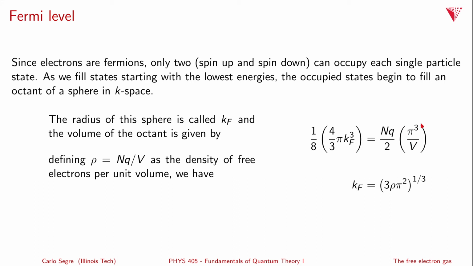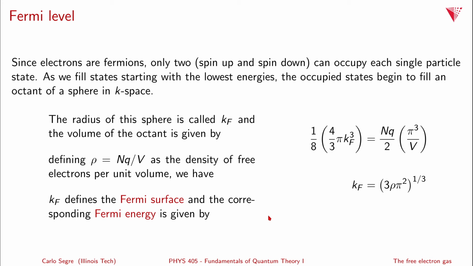When we bring all these terms over to the right side, we see that we have rho as nq over V, that's this term times this term, and one of the pi's cancels, the 4 cancels part of this, you get 1/2 multiplied over here, that cancels the 2, and you get 3 times rho times pi squared to the 1/3 power.